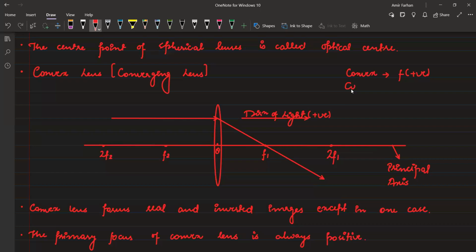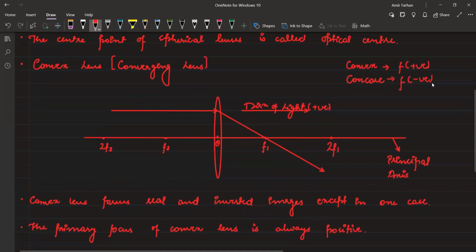If you hear the word concave lens or concave mirror, the focal length will be negative. Is this clear to all of you? Keep this in mind; it will help you a little bit.